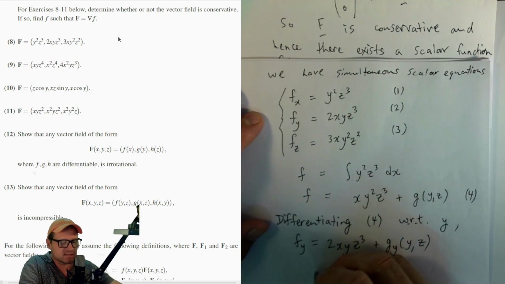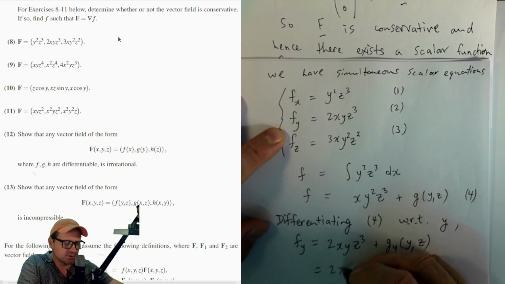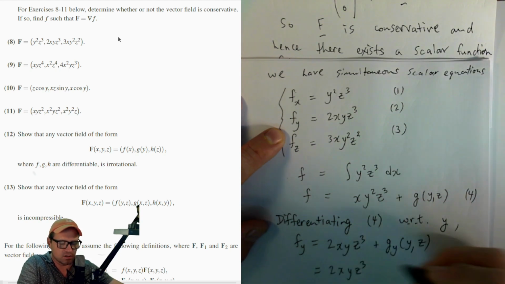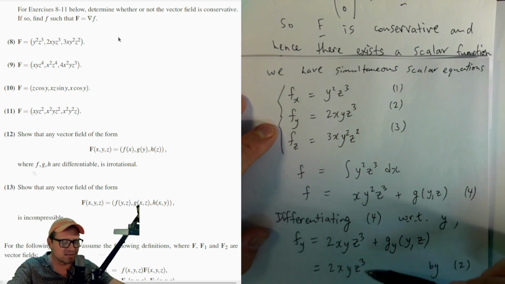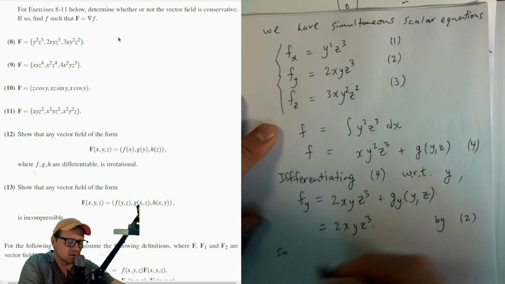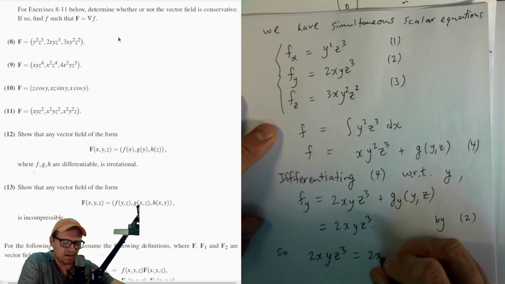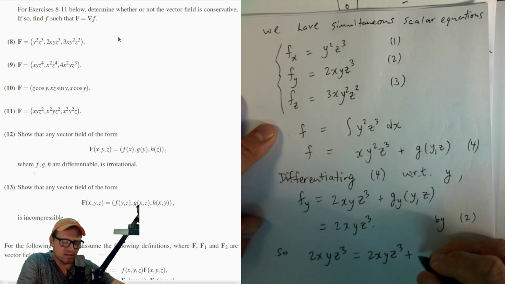Okay, and so this is equal to, by equation 2, 2xy z cubed. Now we can see that these two match. Okay, and so what this tells us, so we've got 2xy z cubed is equal to 2xy z cubed plus g subscript y of y and z.